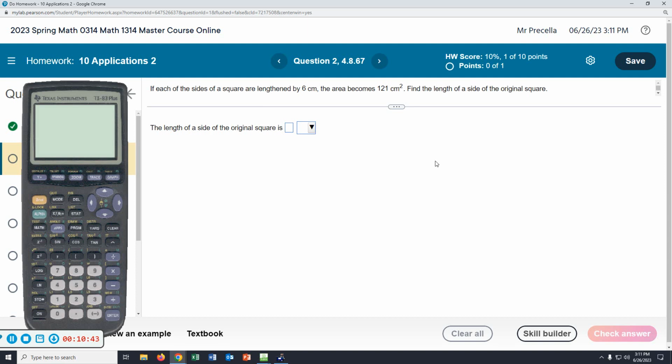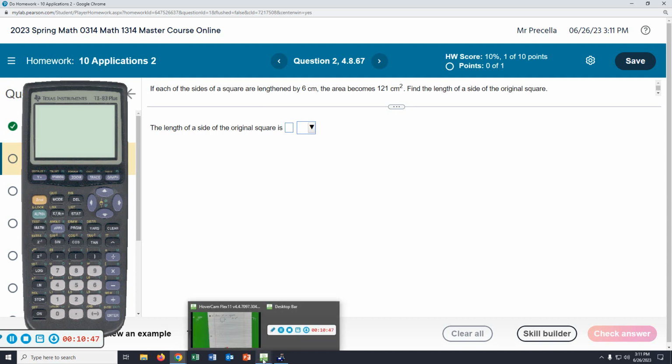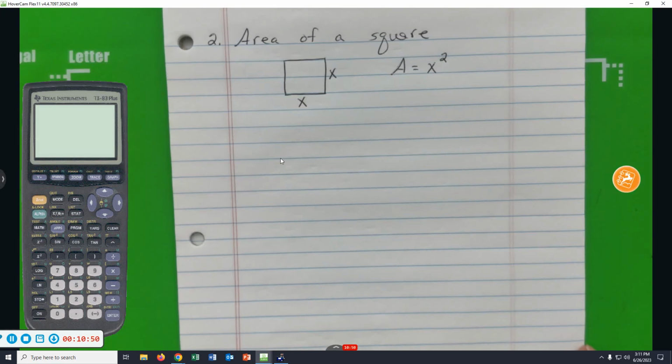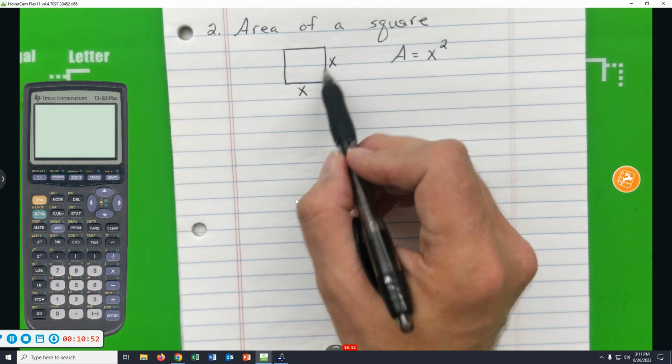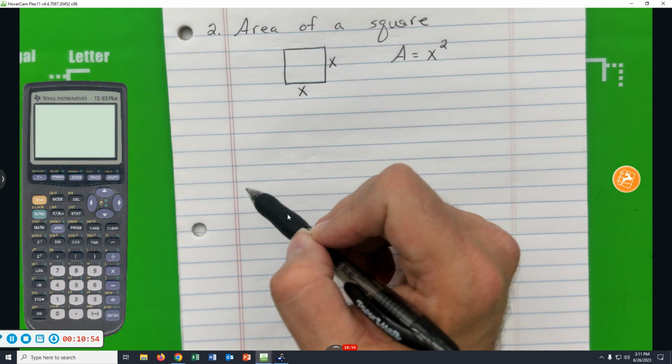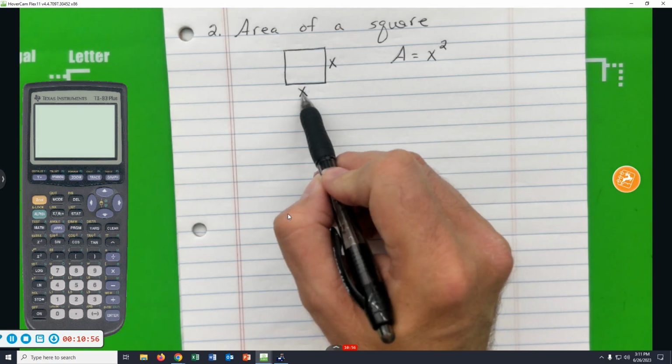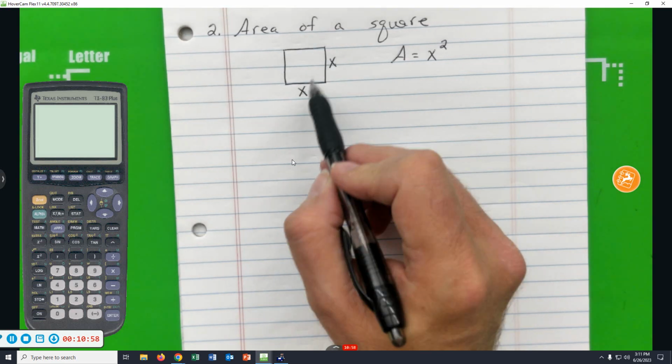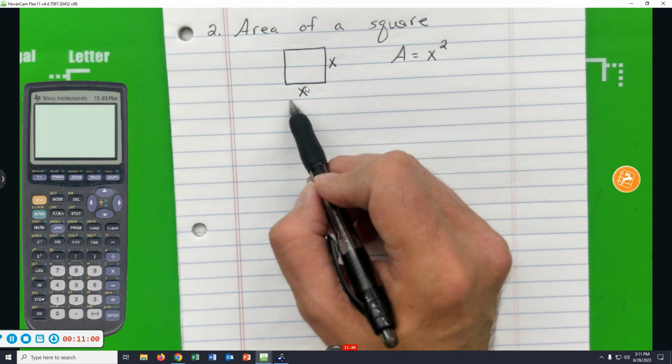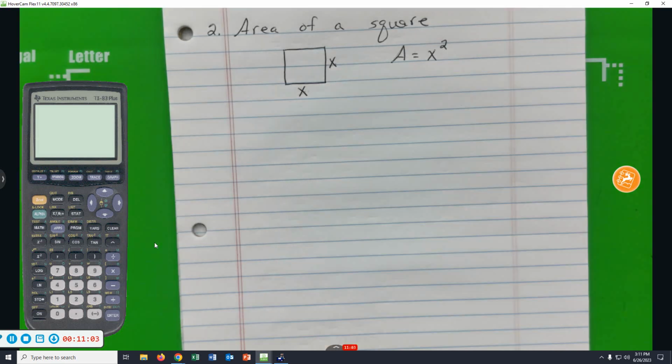Let's start off by reviewing the area of a square. In a square, the two sides are equal, and to find the area, that's x times x. You multiply the two dimensions, length times width, to get the area.